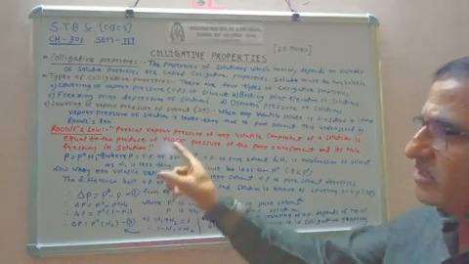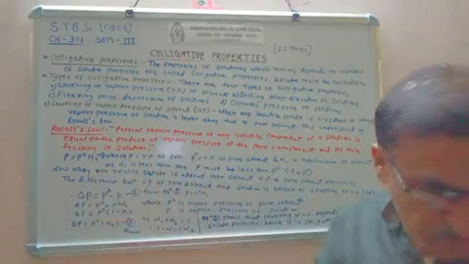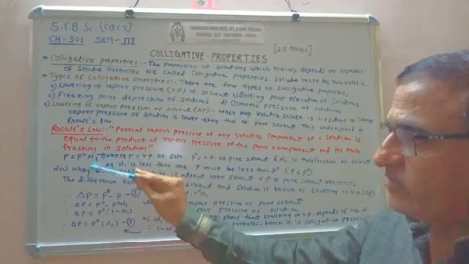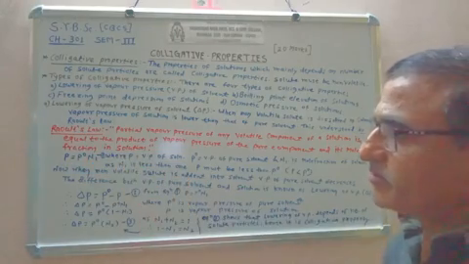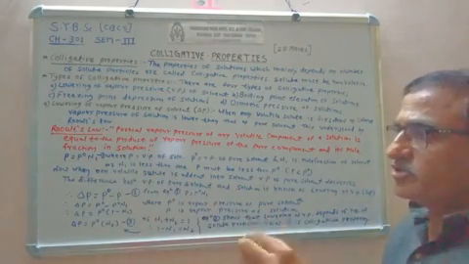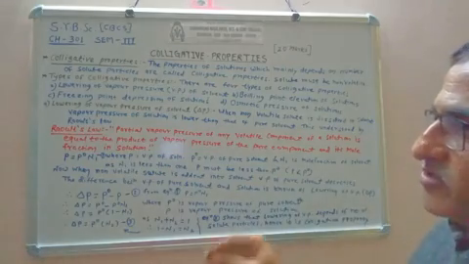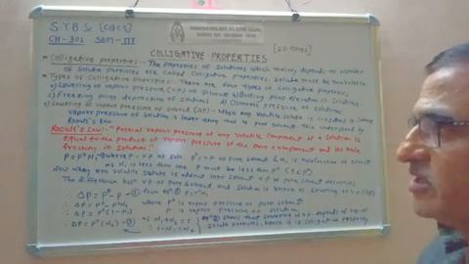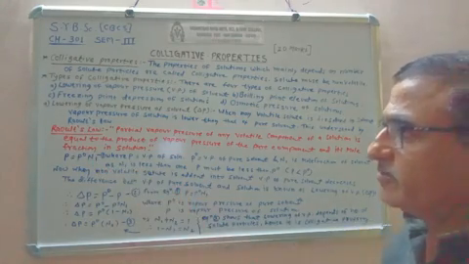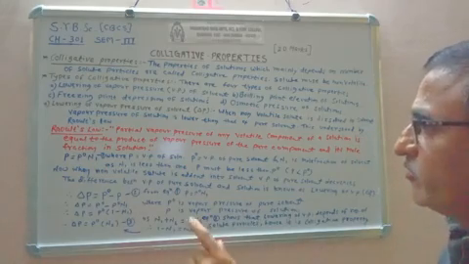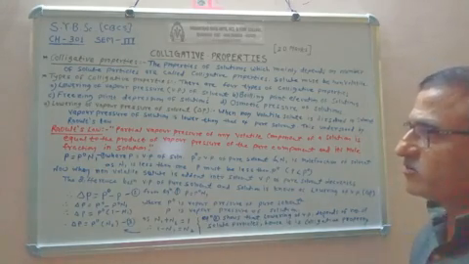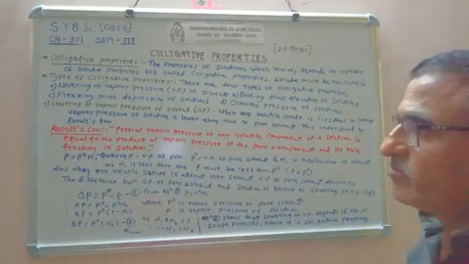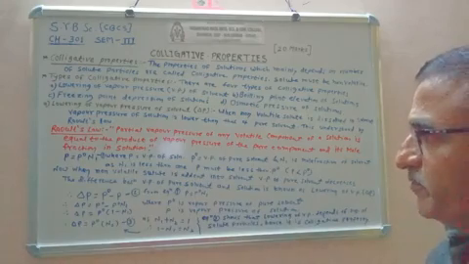Mathematically this equation can be written as P = P0 × N1, where P is the vapor pressure of solution and N1 is the mole fraction of solvent. This is the mathematical representation of Raoult's law: P = P0 × N1.